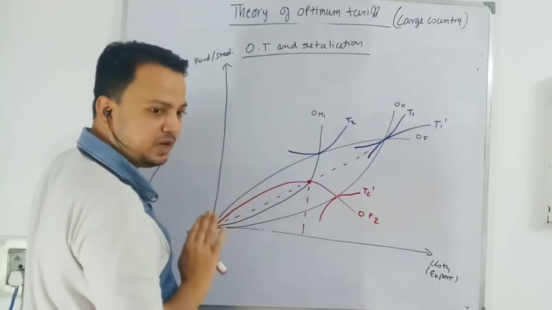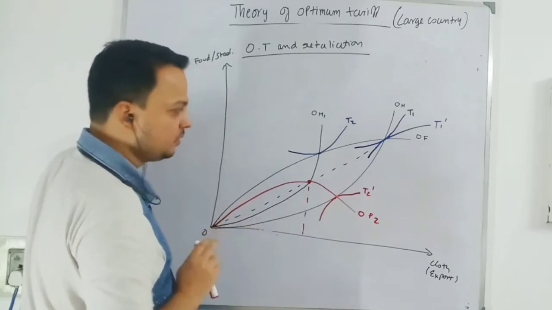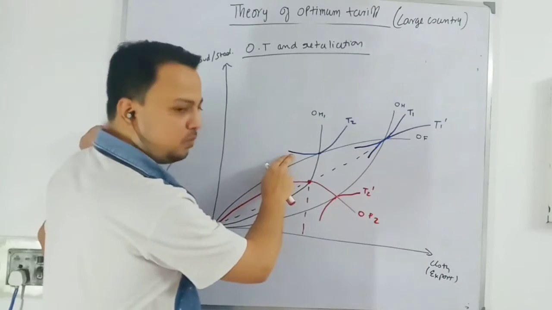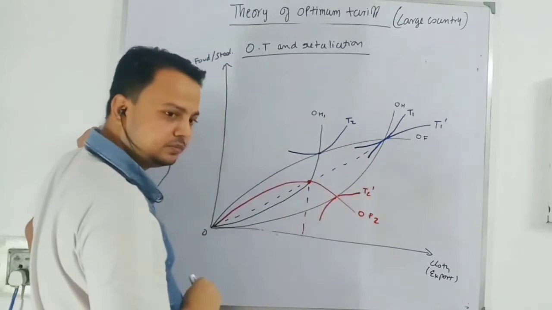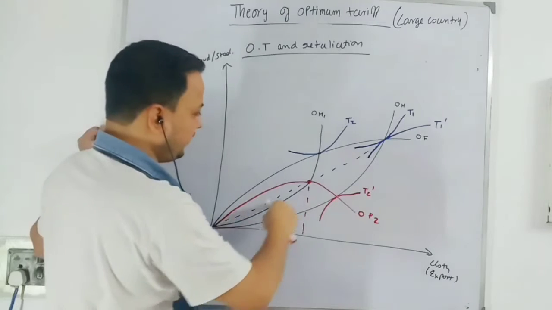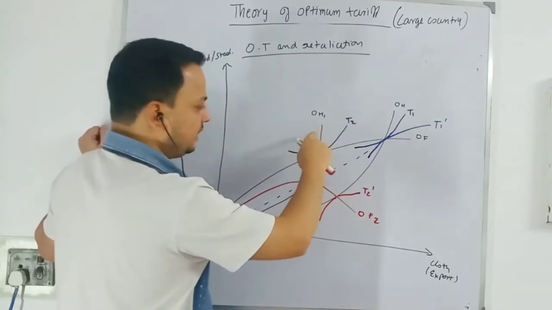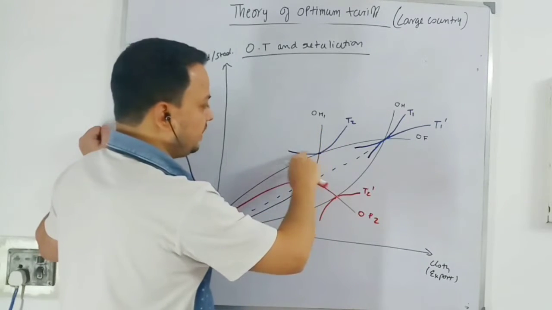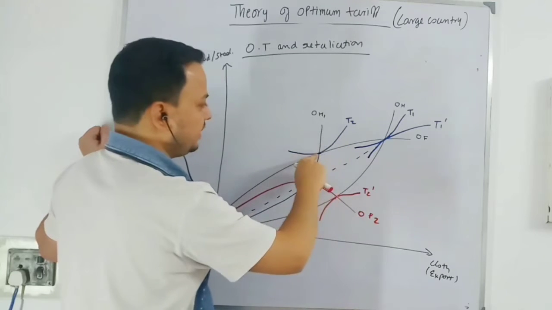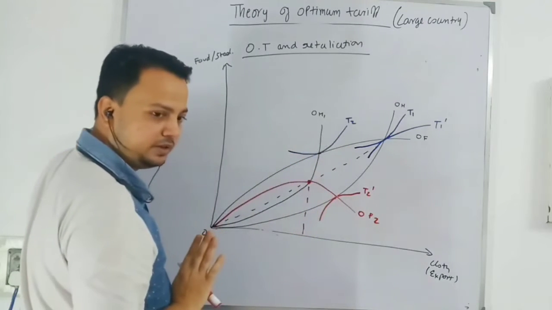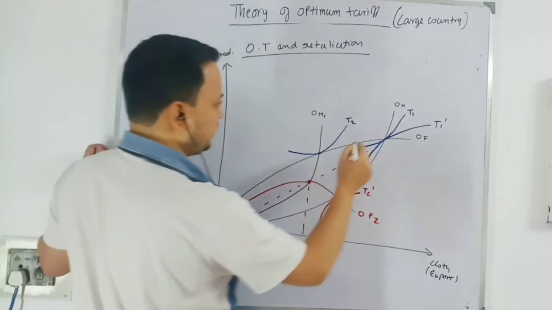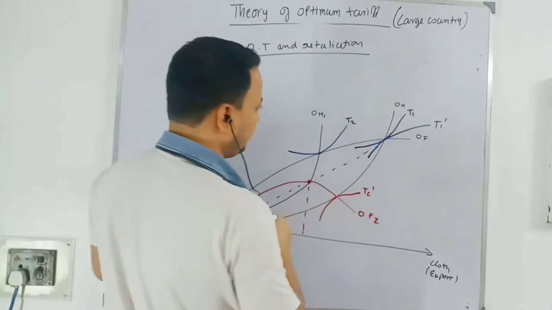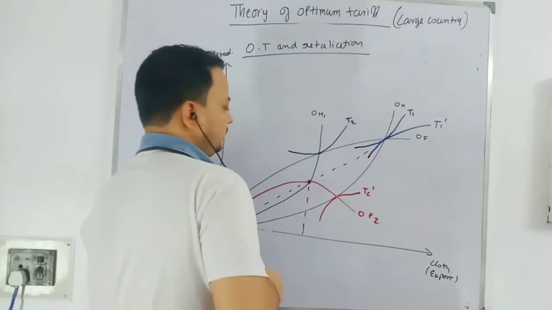In the previous graph we have seen that the optimum tariff is where the trade indifference curve of the home country is tangent to the offer curve of the foreign country. So the home country will set the tariff in such a way that its trade indifference curve is tangent to the offer curve of the foreign country. This is this tariff rate. You can name it something, say this is OP. I have given this one OP.